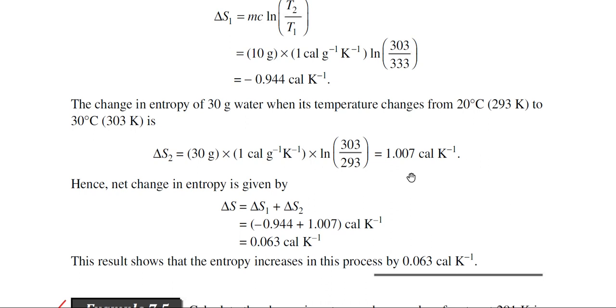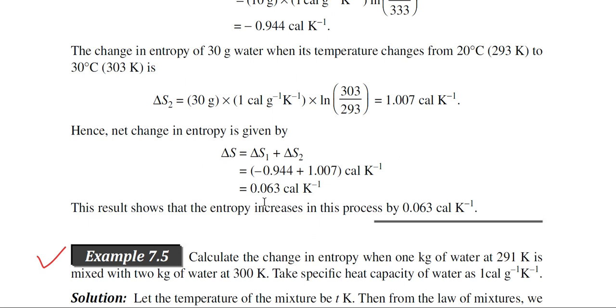So delta S2 is this one. Then ultimately you have to add them up to calculate the total change of entropy. If you add delta S1 and delta S2, then you will obtain that the change of entropy is 0.063 calorie per Kelvin. So this result shows that the entropy increases in this particular process by this amount.